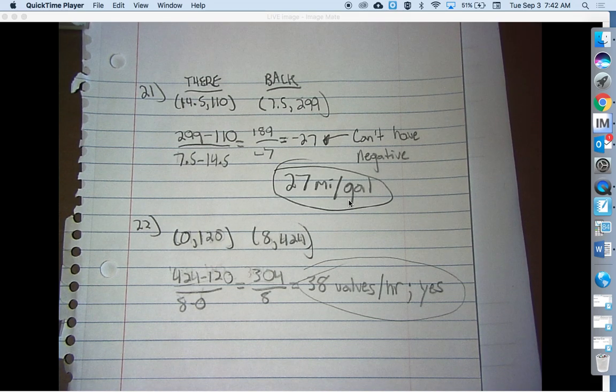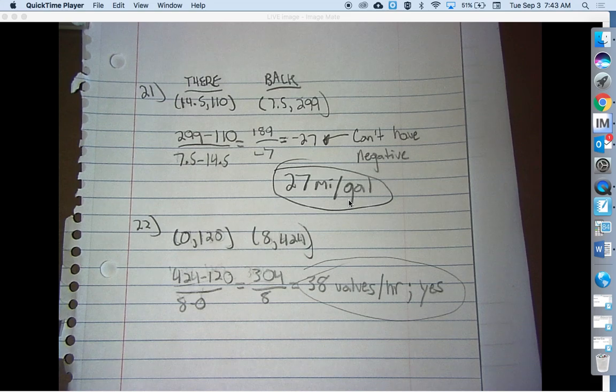So time would be the independent variable, and the steel valves would be the dependent variable. When he came in, I just said 0 hours because he just came into work, he didn't work at all, and 120 steel valves had already been made.